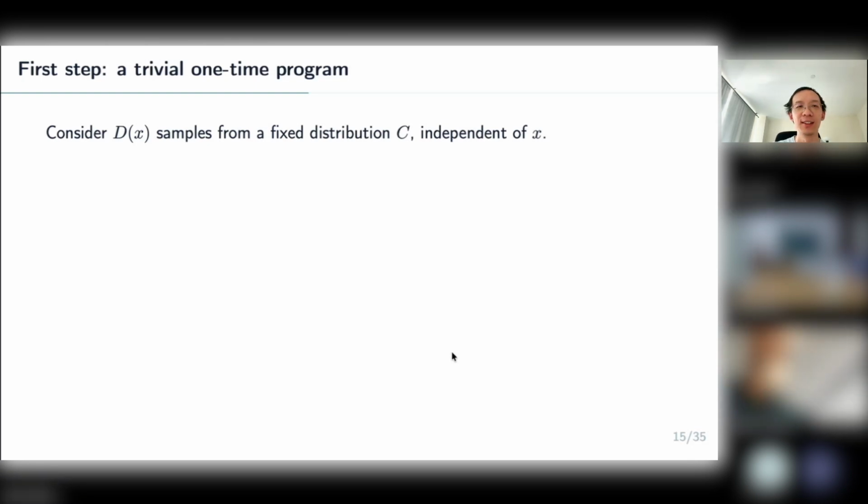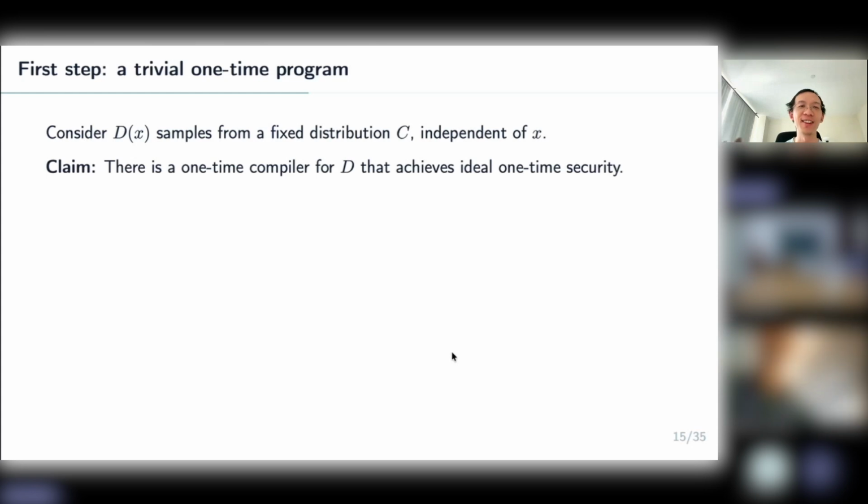My claim here is that for this somewhat contrived functionality, there is actually a one-time compiler that achieves the ideal one-time security. So how do you do it?